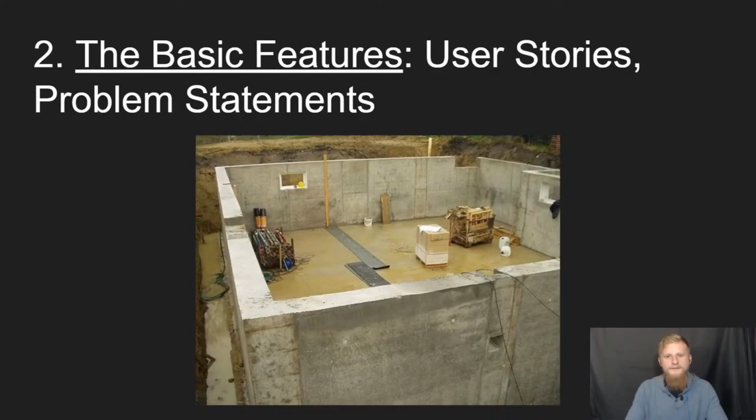Next, we design the basic foundation and the features of the application, and we don't try to design the whole thing up front. We just want a simple working version of the idea that you're trying to build, the basic features. And we design this by writing user stories and problem statements. And again, we do that step in plain language. This is not a waste of time.